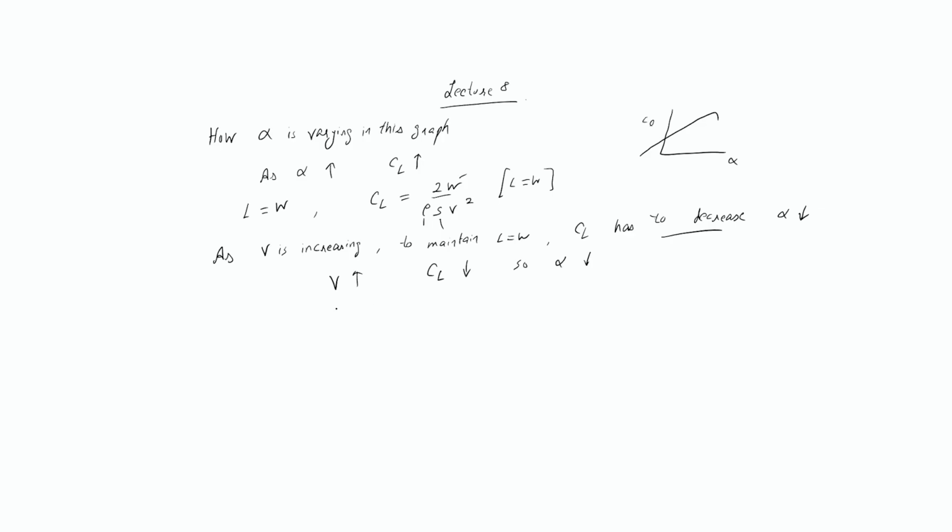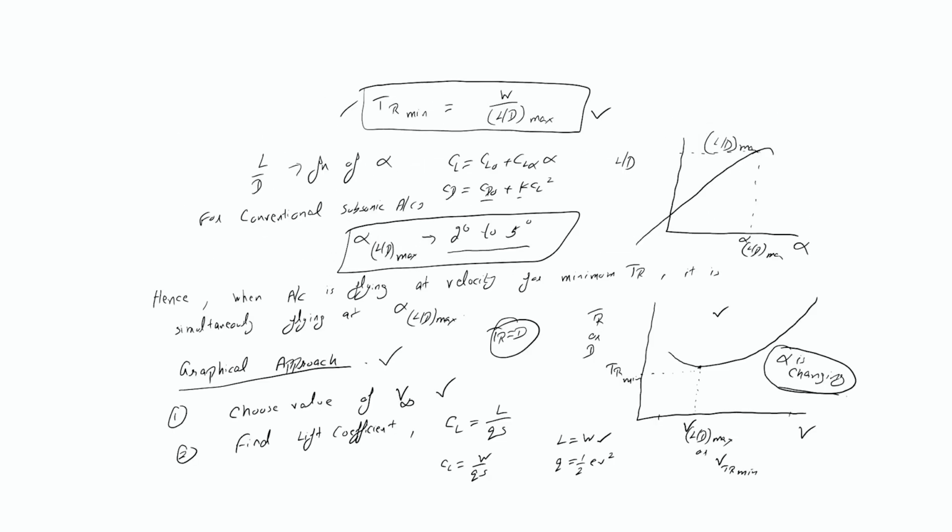Alright, the opposite is true. When velocity is decreasing, CL has to increase, and so alpha has to increase. So you can mention in the previous figure, here we have increasing alpha in this direction, and in this direction decreasing alpha.